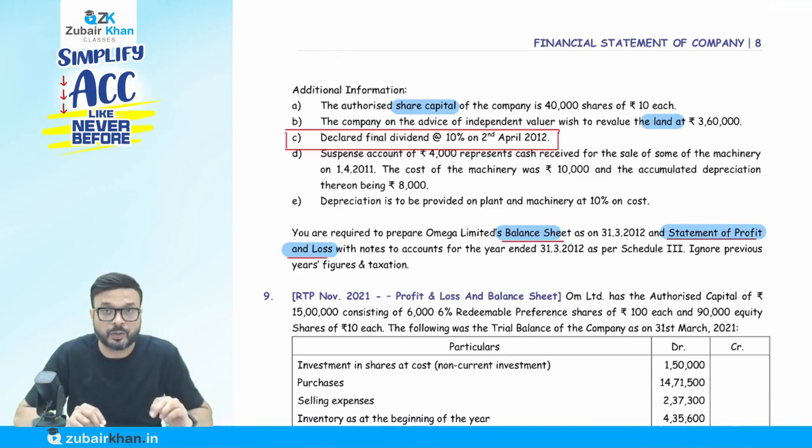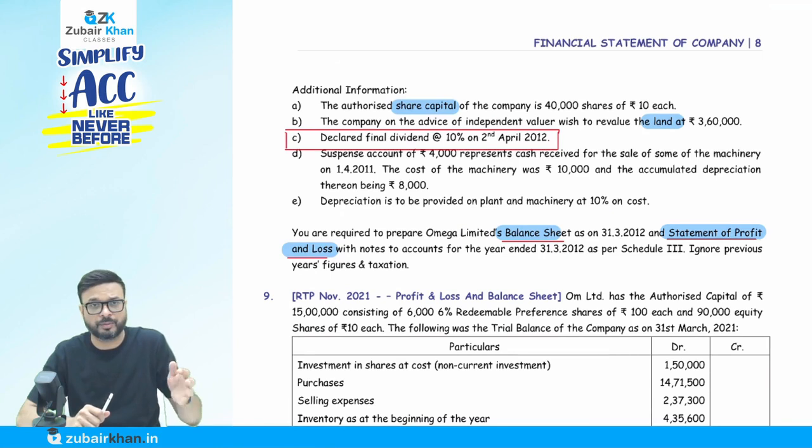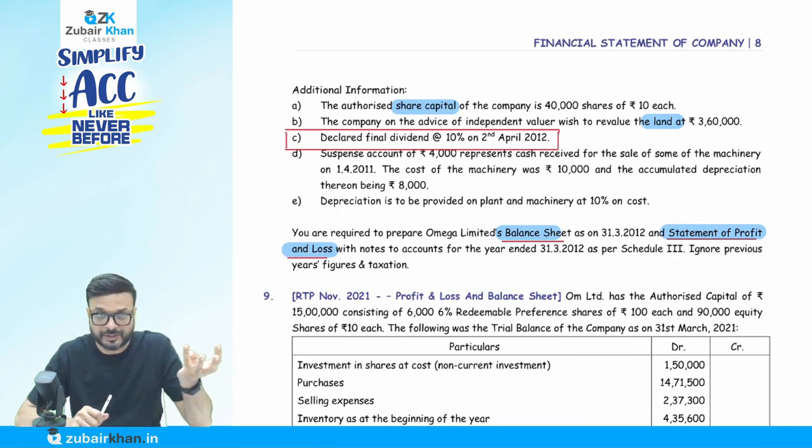But it is important to note first which notes to accounts we have to prepare. As such, there are not many adjustments in this question. We have to prepare share capital, reserves and surplus, long-term borrowings and PPE, property, plant and equipment. These four are mandatory.